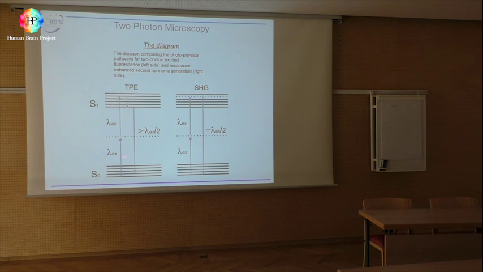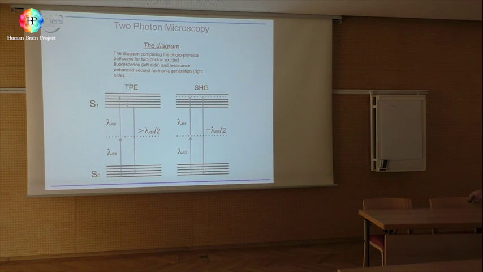In other words, if I excite with 2 photons here, the probability of emission is the same all over the solid angle. So if I want to detect in the forward direction, this is much more convenient than second harmonic.